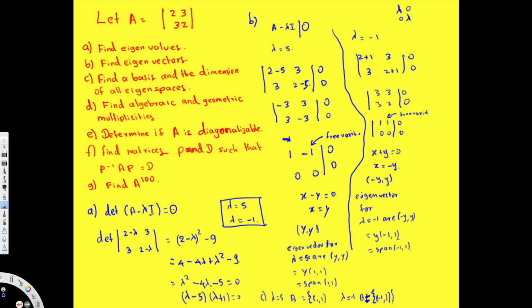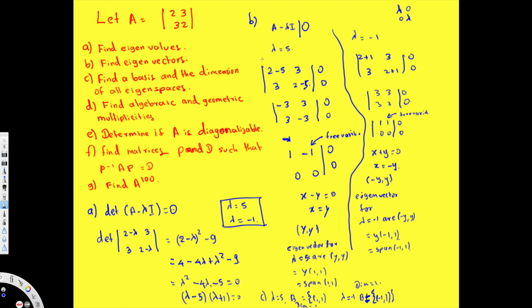So this is the answer for the third question, and they are also asking the dimension. Since we have only one free variable, the dimension is going to be 1. It depends on the free variables. If you have two free variables, the dimension is 2. So here the dimension is 1 for both of them.